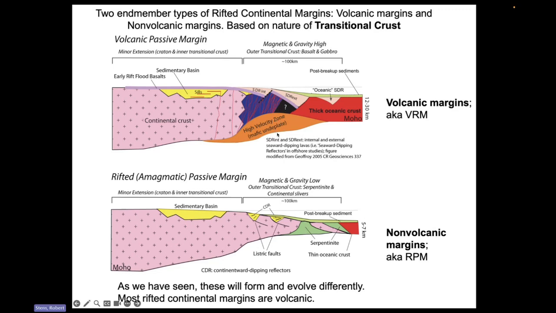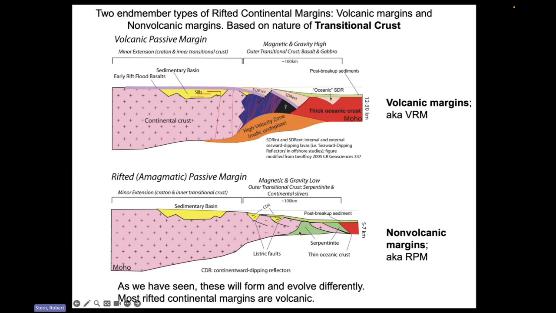I want to draw your attention to a couple of things here. One is SDR. That's short for seaward dipping reflectors. So here you can see something is dipping towards the ocean. So that's a seaward dipping reflector. Here we've got a different situation. There are no seaward dipping reflectors. Instead, we've got something called continentward dipping reflectors. These are rotated fault basins.